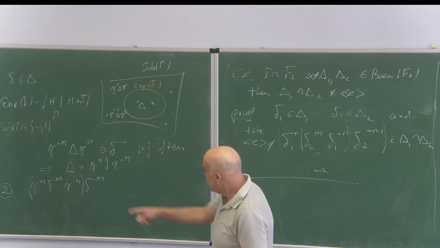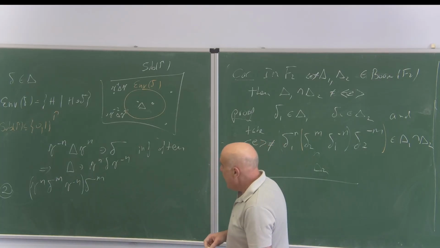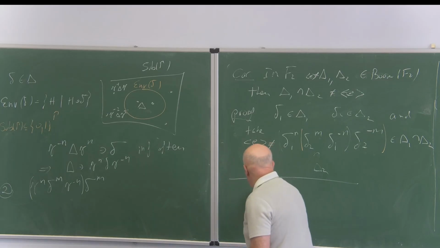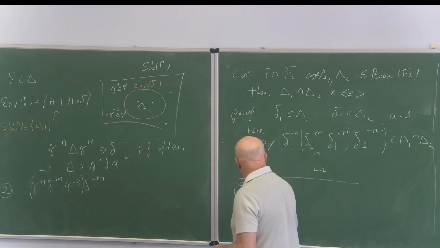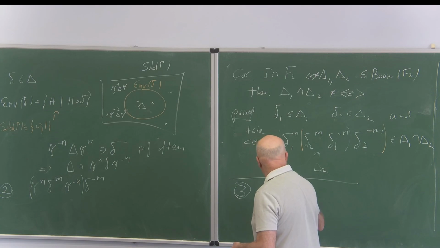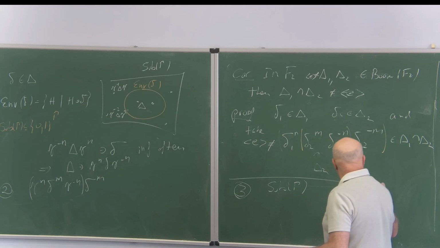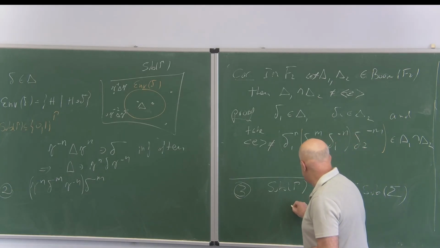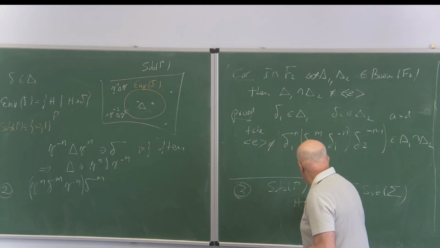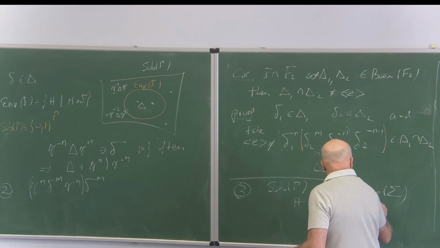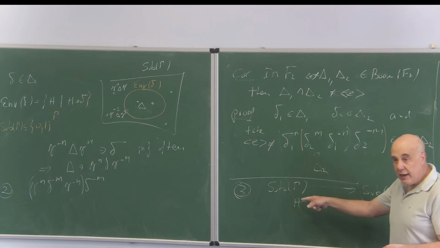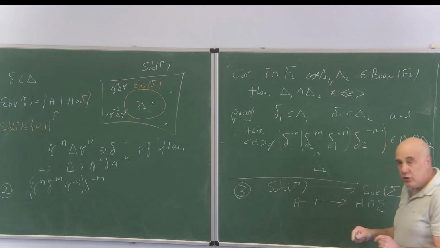I don't have much time, so let me just finish this. Item 3 is kind of a nice exercise. You can look at the map from sub gamma to sub sigma, which just sends an element H to its intersection with sigma, and convince yourself that this is a continuous map.